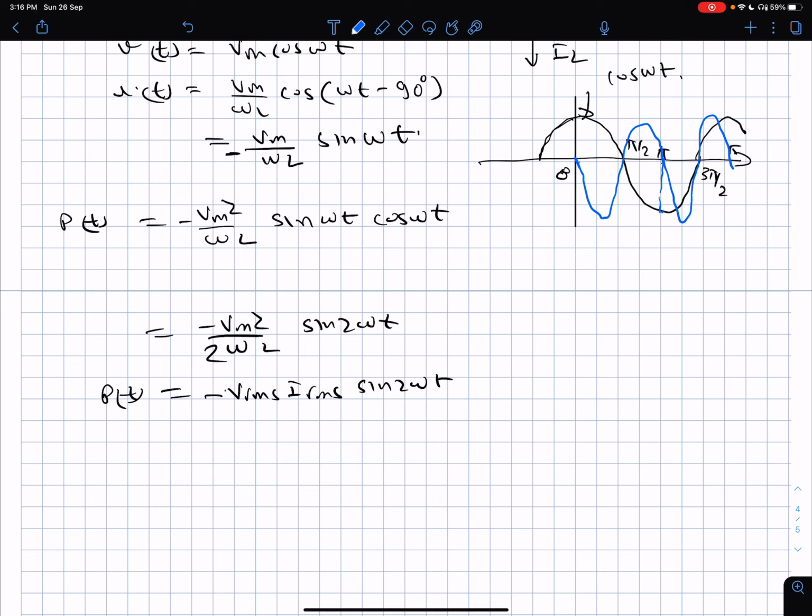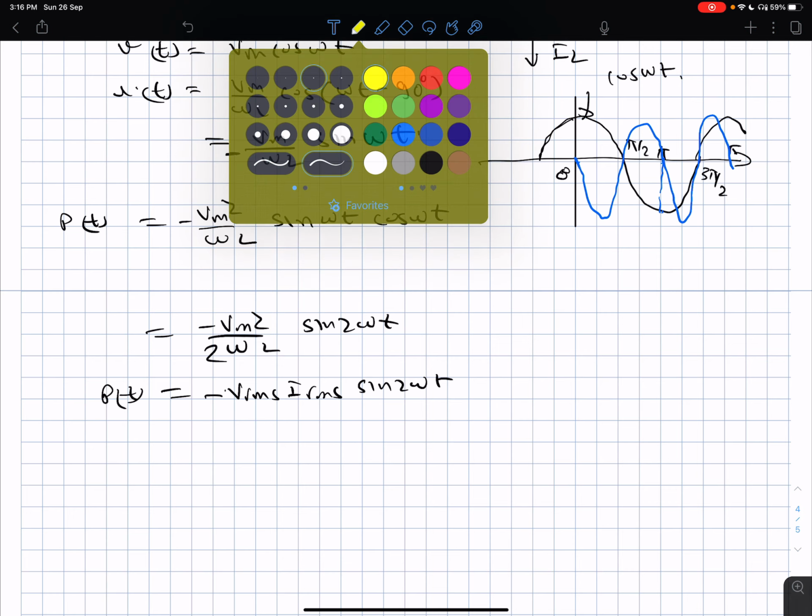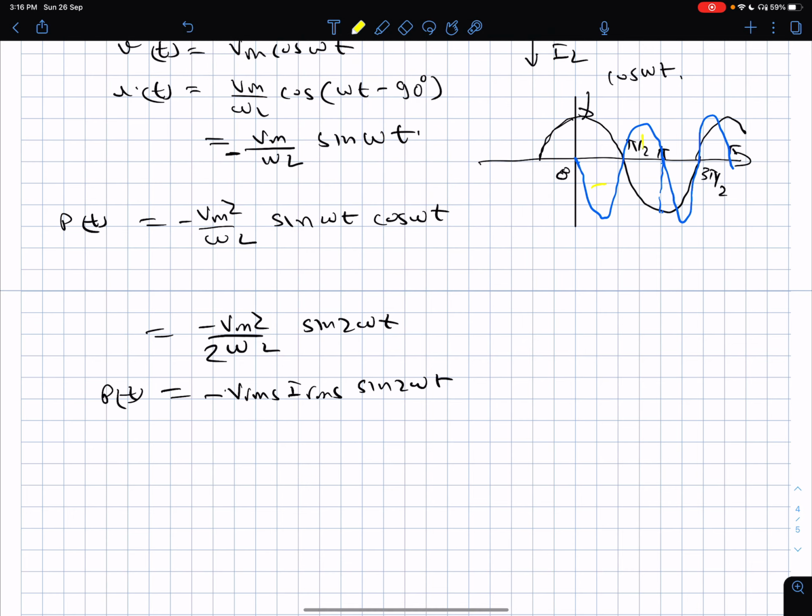Okay. So now again, if you look at this, it's a zero average waveform, though it has not come out very well. This area and this area will cancel each other. This area and this area will cancel each other. Two cycles have been completed in one cycle of the voltage or the current waveform.